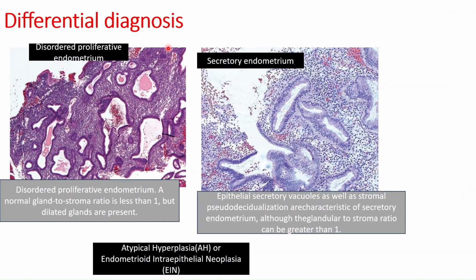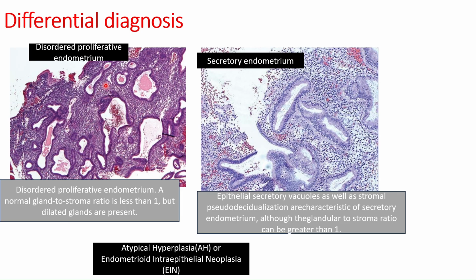Now what are the differential diagnoses? So first is disordered proliferative endometrium, which we have already discussed in previous videos. Disordered proliferative endometrium again shows angulated, cystically dilated glands with a few proliferative glands. But here we can make out that the gland-to-stroma ratio is less than 1 or equal to 1, right?